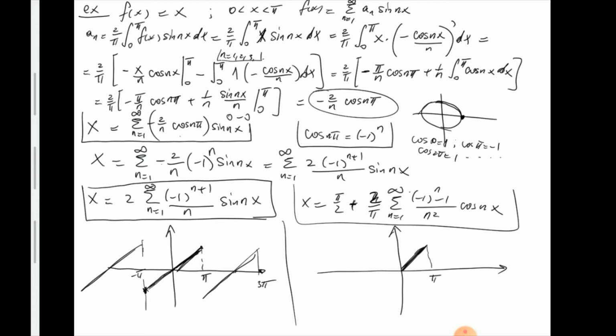The cosine series for the same function will also represent the even extension, which means the reflection of that semi-half, right? That right half of the interval. And then, of course, the periodic extension. So they represent different functions outside the interval 0 pi, right? So the starting function is the same in both cases.